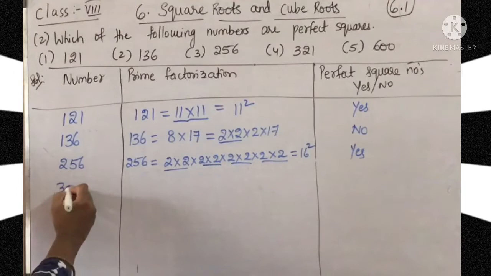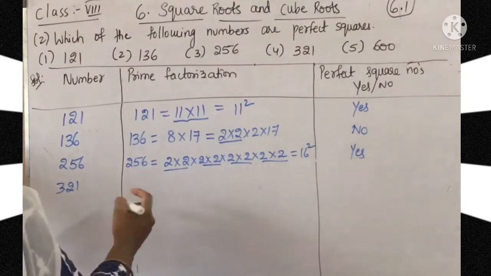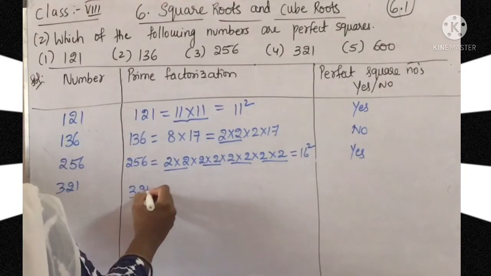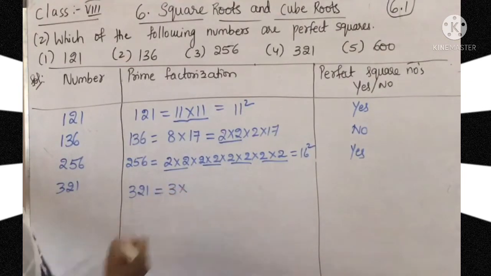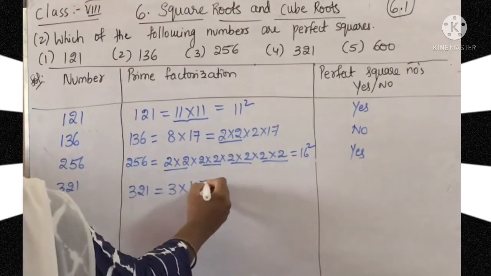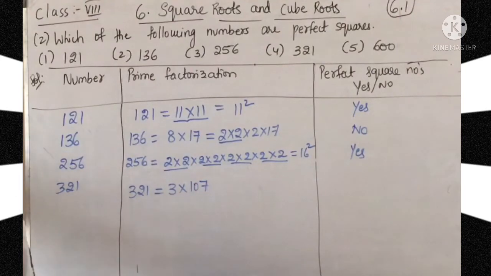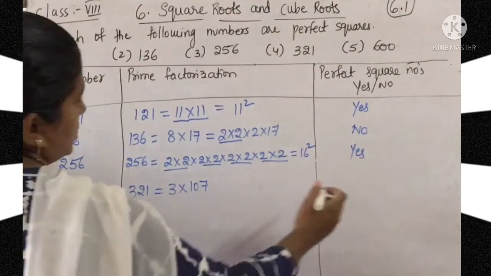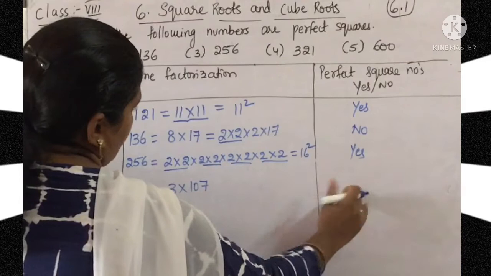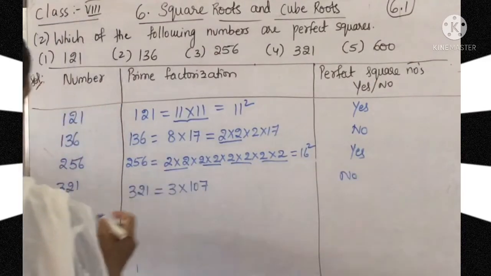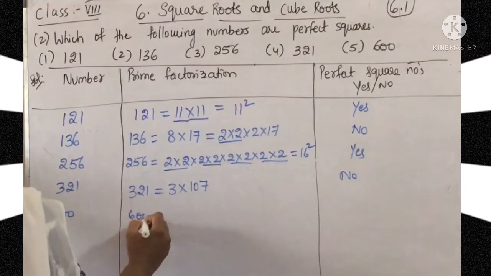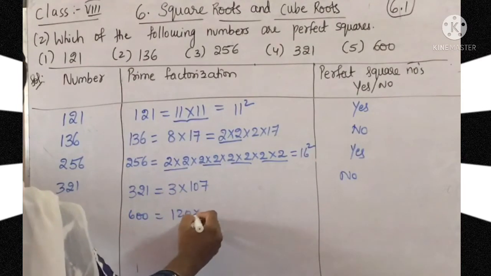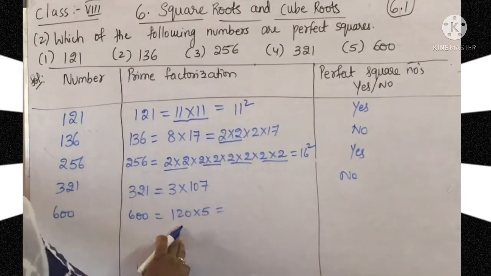Coming to 321. Here it will not go in the 2 table, and it will go in the 3 table. That is 3 into 107. Here both are prime, so it is not a perfect square. So the answer is no. And coming to 600, 600 is 120 into 5, and 120 is not a prime number.